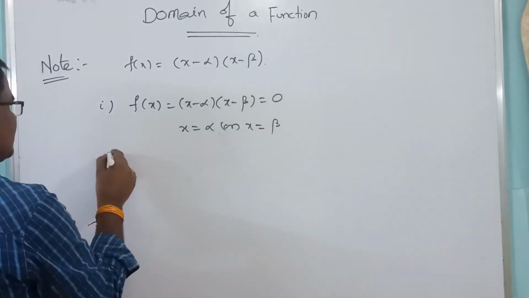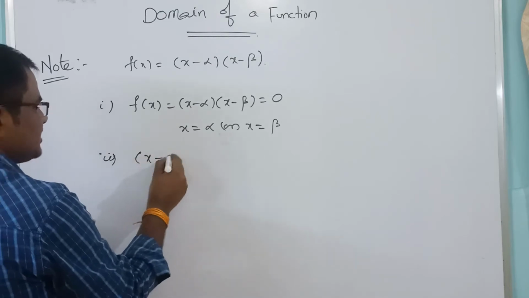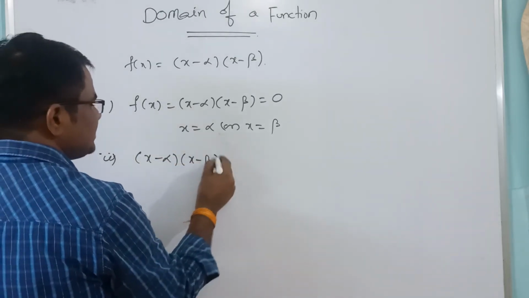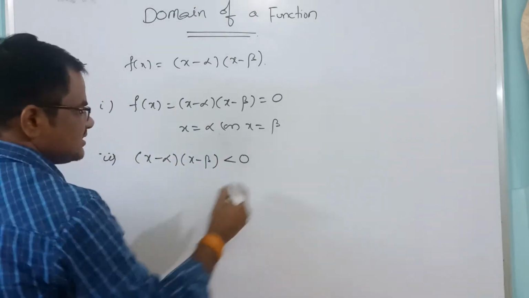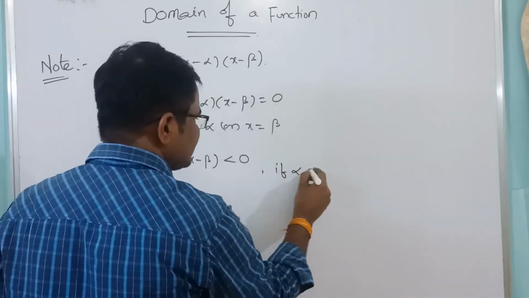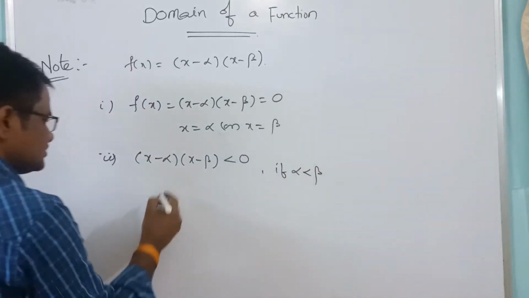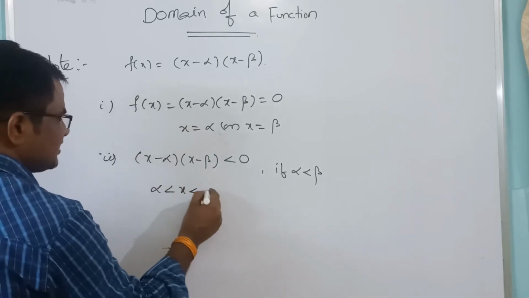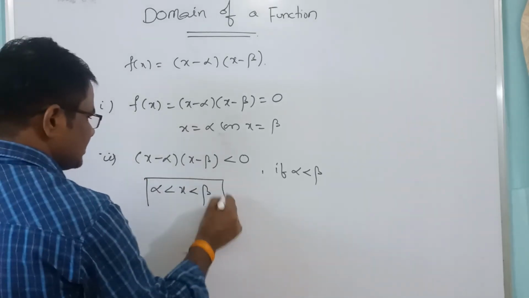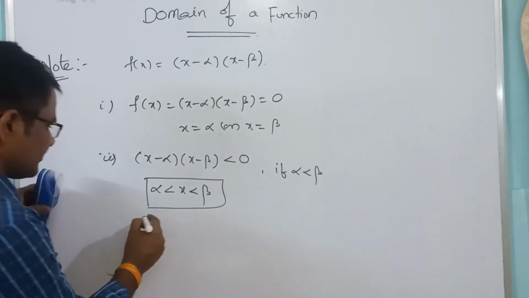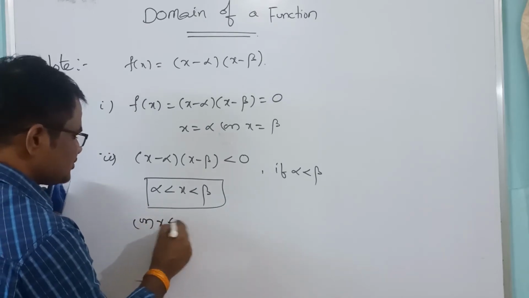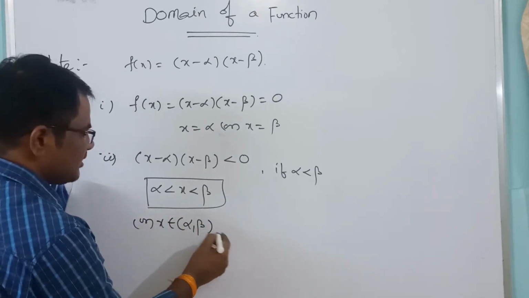Next, second one: suppose x minus alpha, x minus beta less than 0 is there. If alpha is less than beta, then alpha less than x less than beta you will get. Listen carefully. Alpha less than x less than beta, or x belongs to the open interval alpha comma beta you will get.